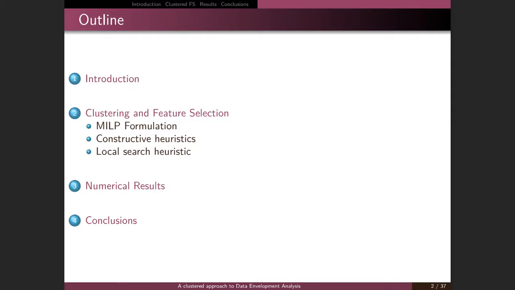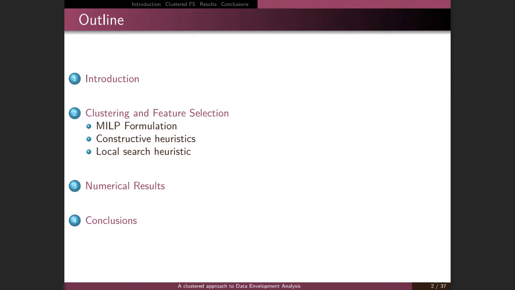Well, this is the outline of my talk. First, I will tell you a little introduction of this work. I will tell you why we decided to use clustering and feature selection, because we need to perform also feature selection. Then I will move to the modelization of clustering and feature selection. First, I will expose a MILP formulation.